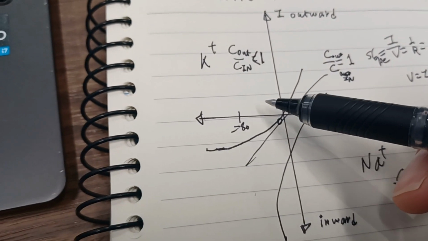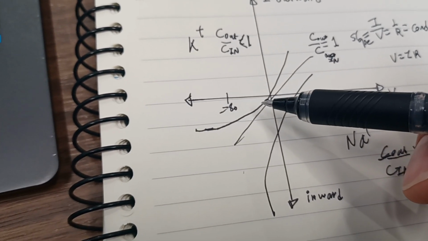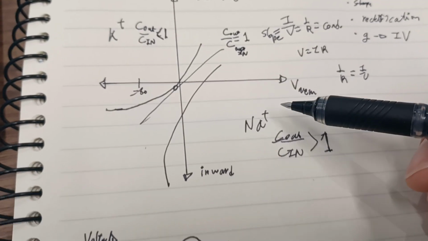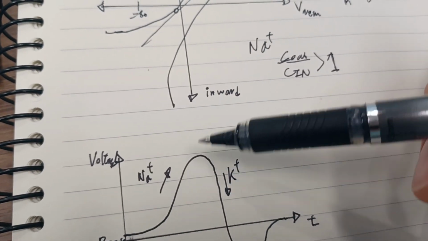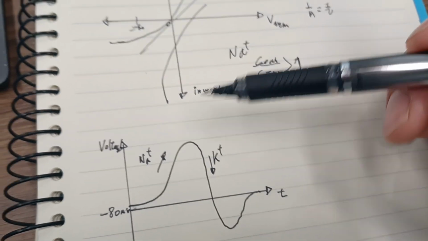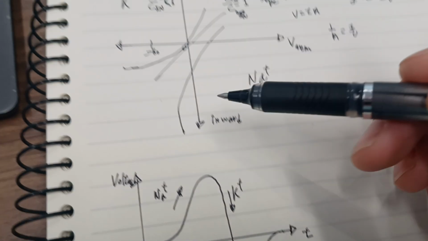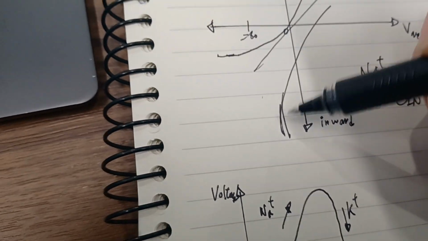When the membrane voltage is negative, it goes up really quickly, which means the conductance, the permeability of the ion, is really high, right? Because it's moving quickly. So on this left side, where the voltage is negative, the slope or the conductance is really high.